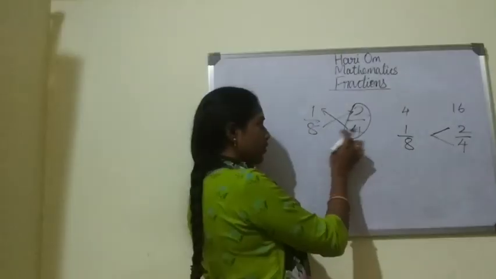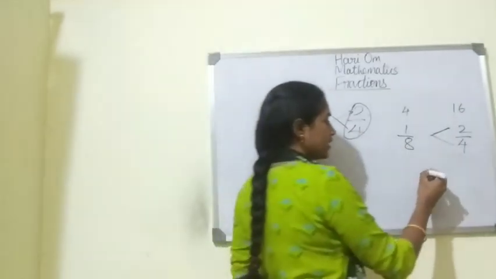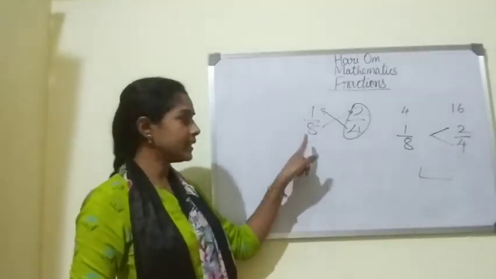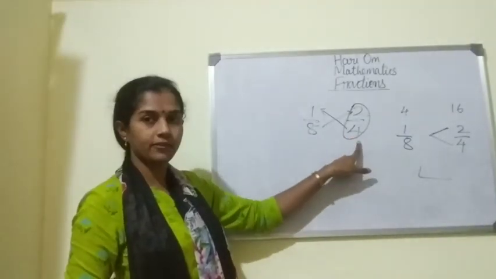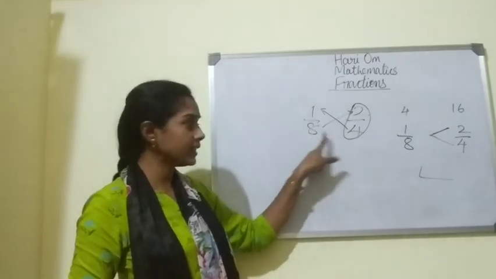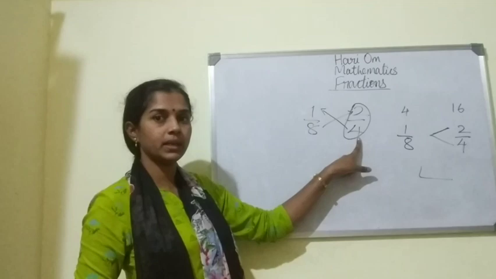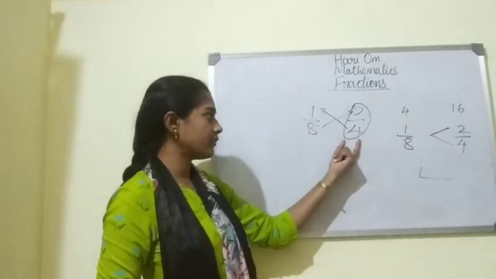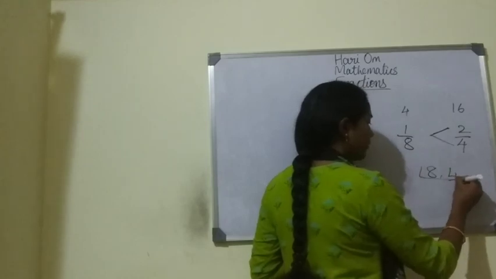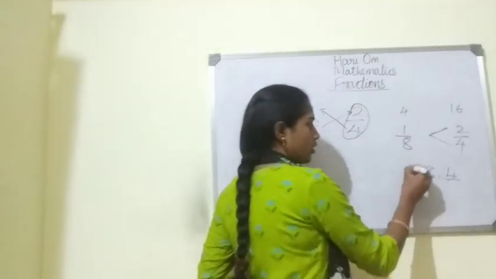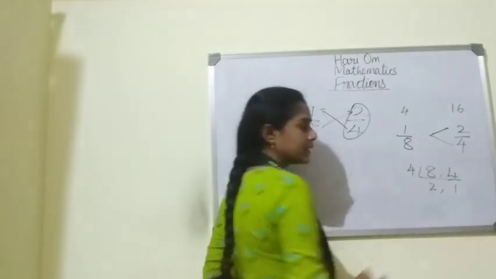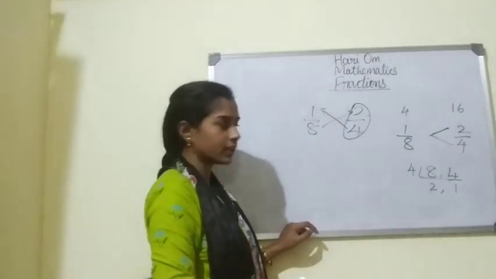We have 8 and 4 in the denominators, so we have to find the LCM of 8 and 4. In one fraction the denominator is 8 and in the other the denominator is 4. So for 8 and 4, we find the LCM. 4 twos are 8, 4 ones are 4.